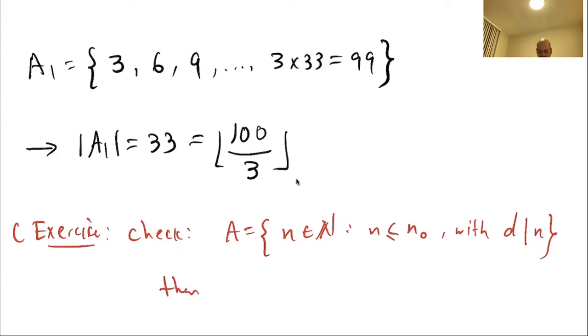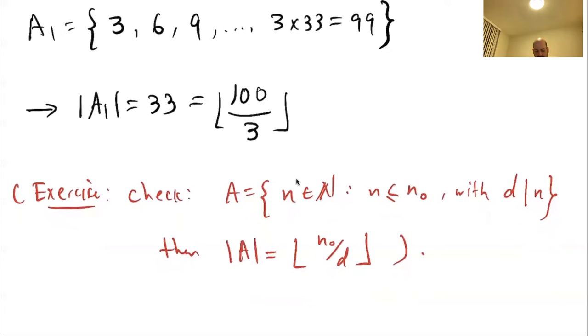Then the number of elements in A will be the floor of n0 divided by d. Okay, so you can check this.